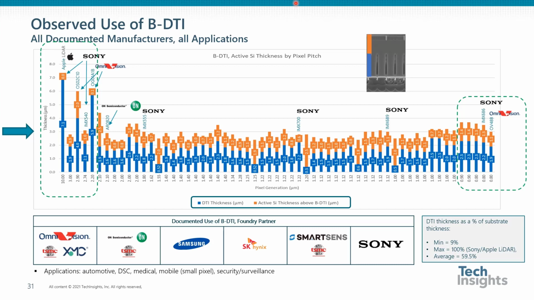In general, we notice that for the majority of the sensors and applications, the target silicon thickness appears to be in the range of 3 microns.